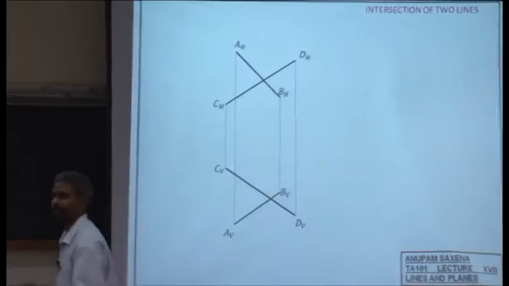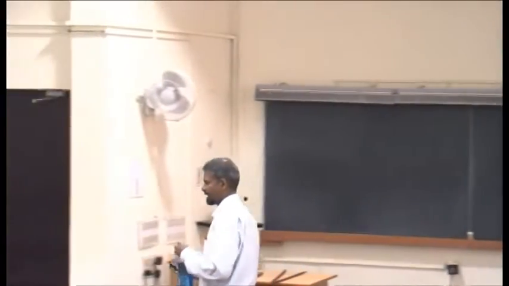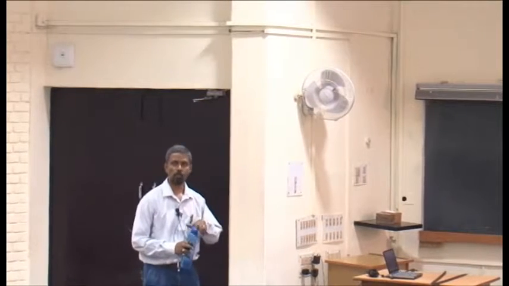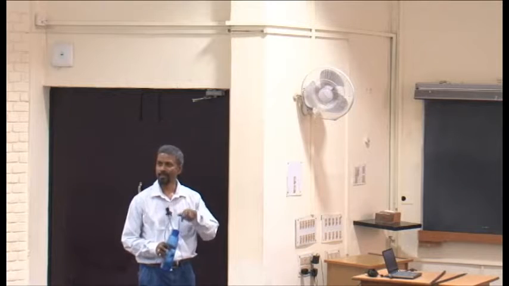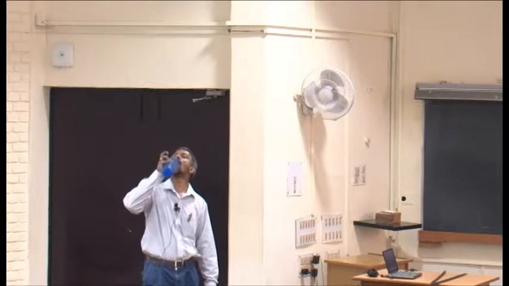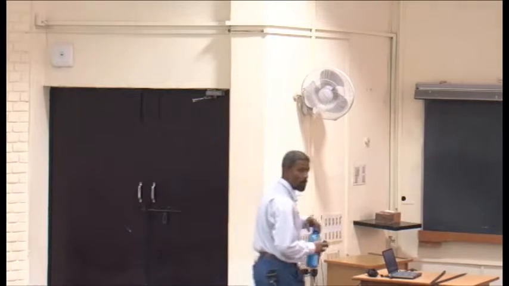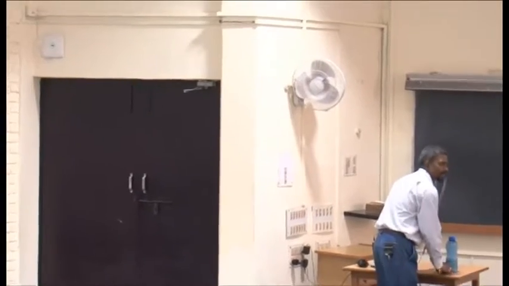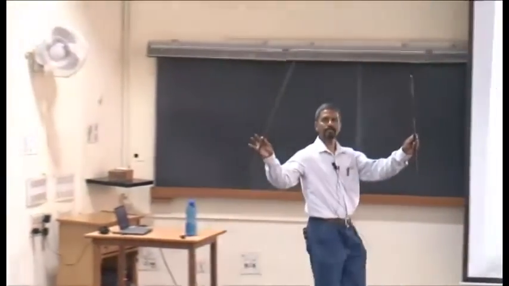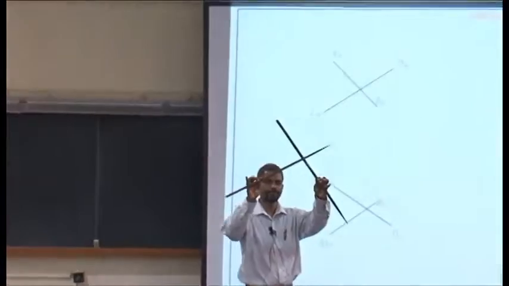Okay? Question. Do they intersect? Do the actual lines intersect? They may or may not. How do you know? And how do you find whether they intersect or not? Two lines here.